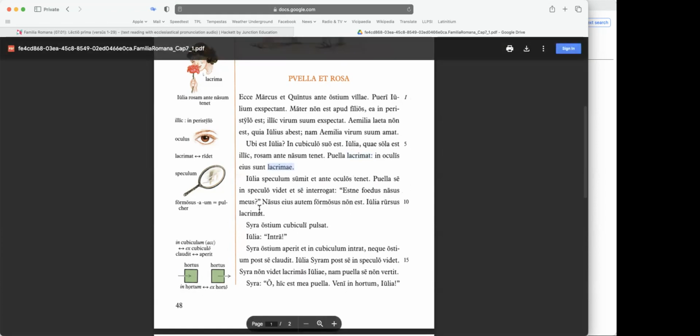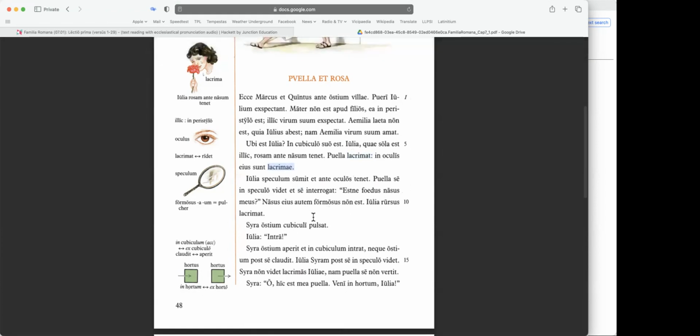Oh, well, in I think the second chapter, they used plorat for Julia crying. Yeah, we'll get to that. Clamare, I think, means cry out. Yeah, that's my guess. Plorare is like sobbing and crying, whereas clamare is crying out. Yes. Clamare is to cry out; in the Psalms, you have people clamare, they cry out to the Lord.